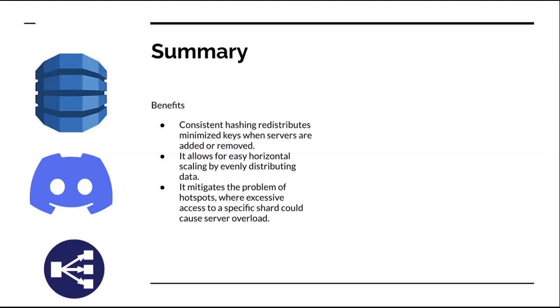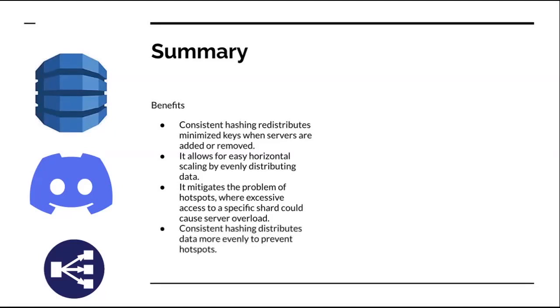Suppose a particular shard has the data of all the popular celebrities like Justin Bieber, Miley Cyrus, basically all the popular people stored in that shard. Then there will be lots of requests to that shard, it will act as a hotspot, and the load will increase on it. Using consistent hashing, we can mitigate this problem. So that is one more benefit of it.